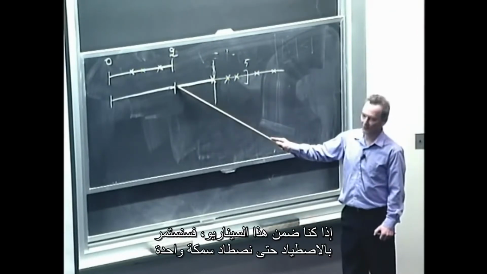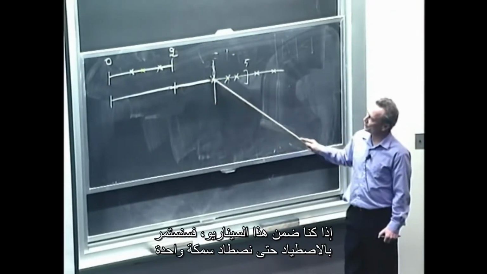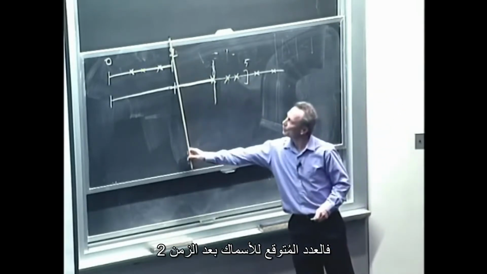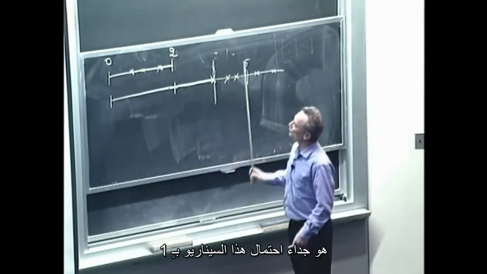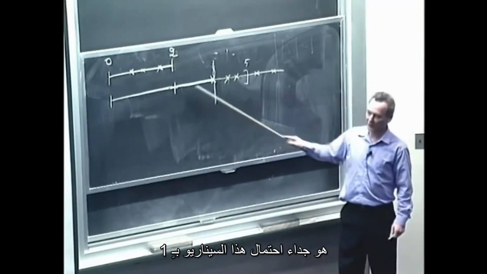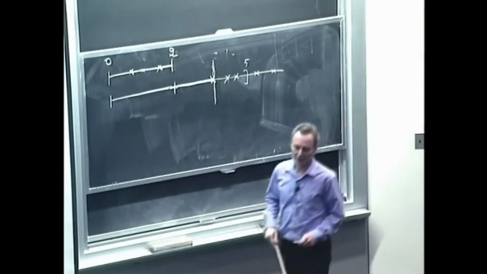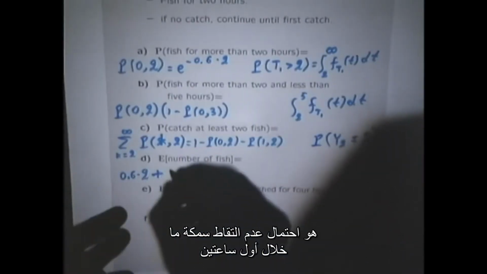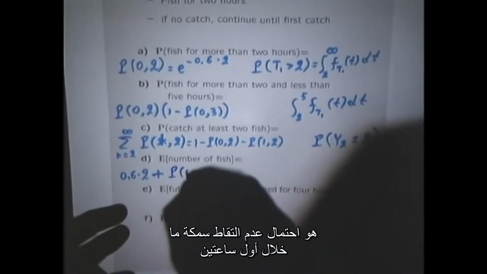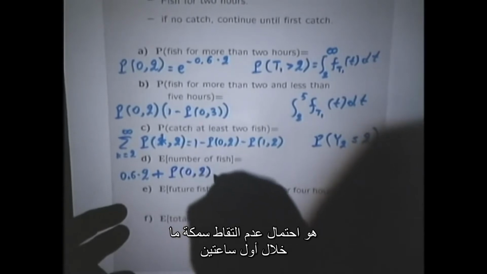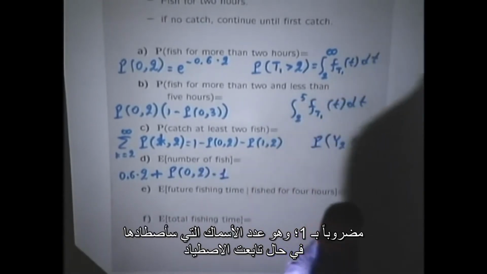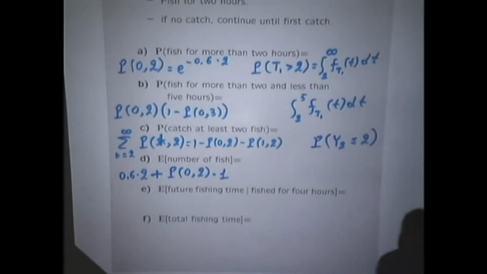If we're in this scenario, then we continue fishing until we catch 1. So the expected number of fish to be caught after time 2 is going to be the probability of this scenario times 1. And the probability of that scenario is the probability that I caught 0 fish during the first 2 time steps times 1, which is the number of fish that I am going to catch if I continue.